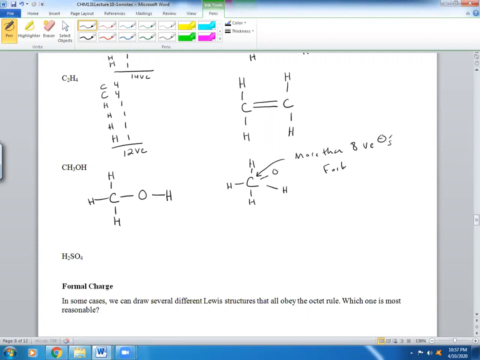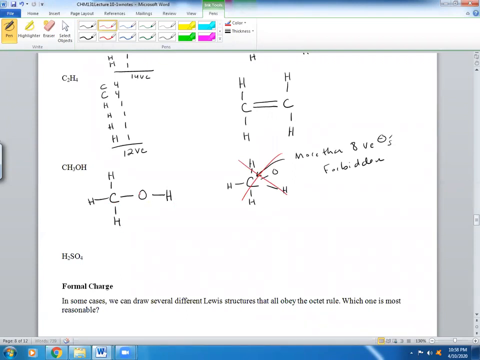This is forbidden for C. In organic chemistry, the unforgivable mistake is giving C more than the octet. So again, this is incorrect. The way it's shown to you should be the way you write it.